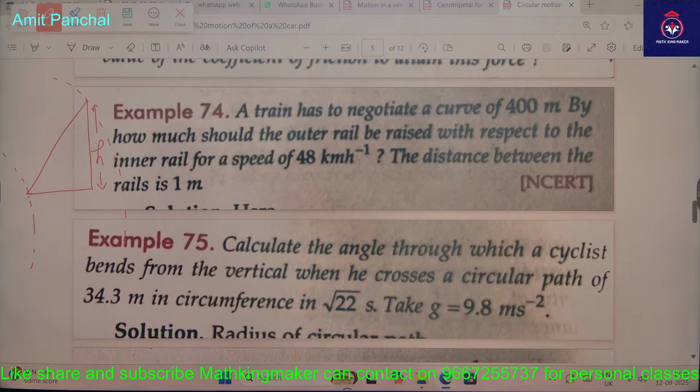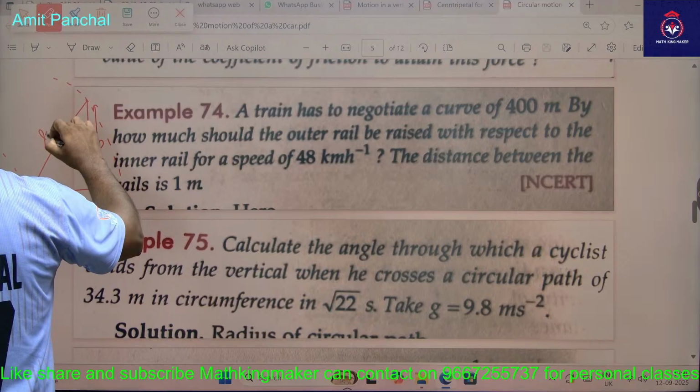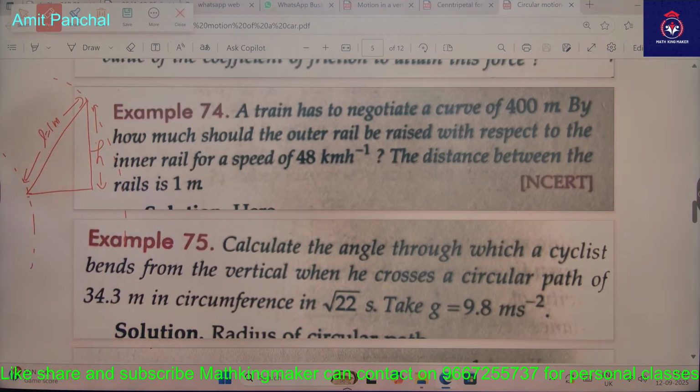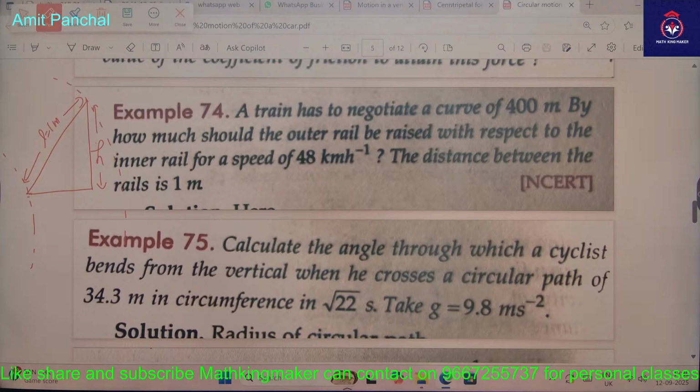And the length between these two rails is 1 meter. So basically a car, but we just replace it with a train. Car and train both will behave the same. It is a moving device. But the train has compartments and everything inside, so questions ask it like that.